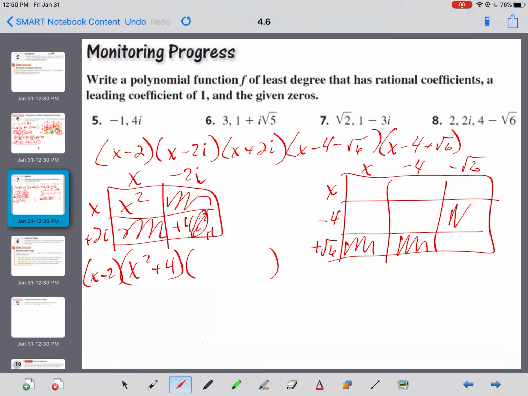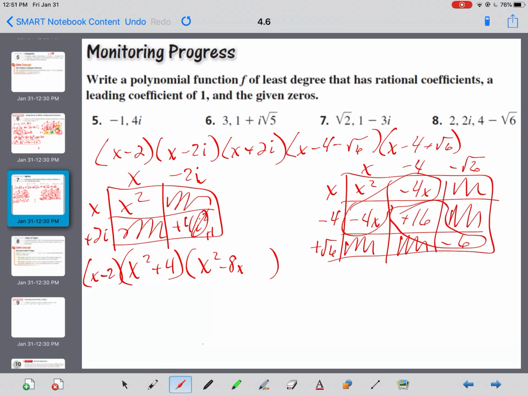Don't care, don't care, don't care, don't care. x squared, negative 4x, positive 16. Negative square root of 6 and square root of 6 is 6. Like terms, x squared minus 8x plus 10. Oh man. Okay.